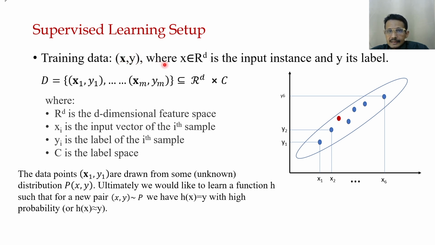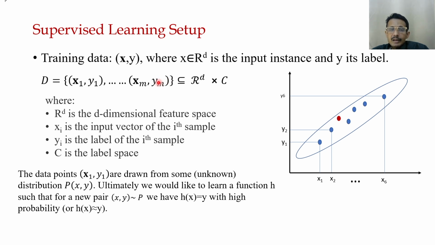Now, x may be d-dimensional data, so x belongs to the d-dimensional input space, and y is the label. If you write it mathematically, you can say this is (x1, y1), where x1 is a d-dimensional vector, then (x2, y2), and so on up to (xm, ym).